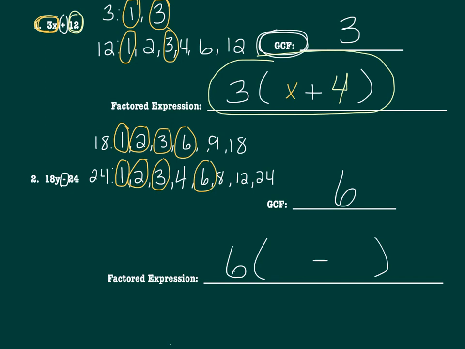So 18 divided by 6 is 3, and it was a 3y. So we're going to say 3y. And our last part here is 24. 24 divided by 6 is 4. So there is our factored expression for this problem.